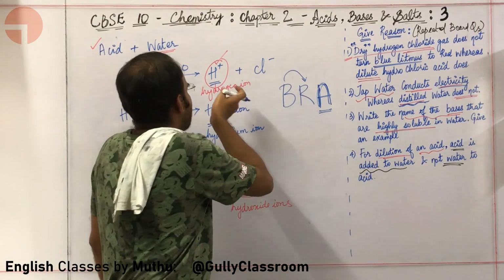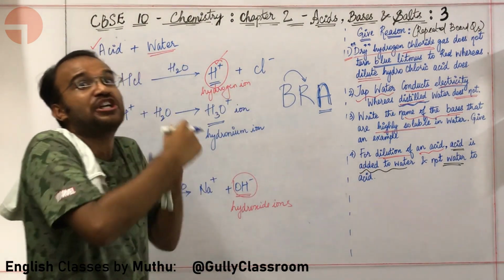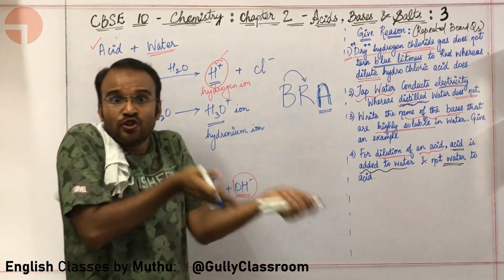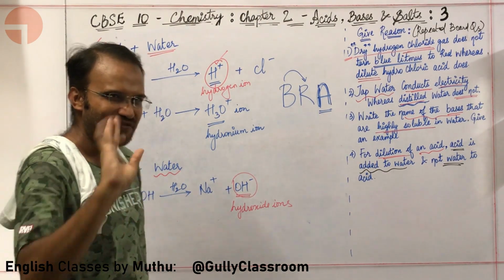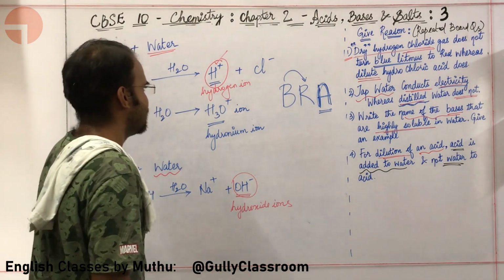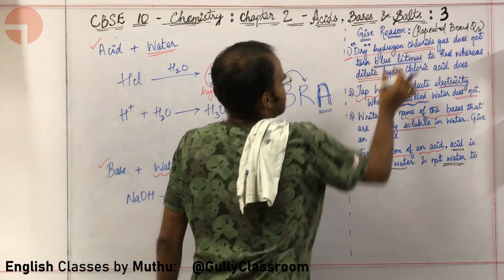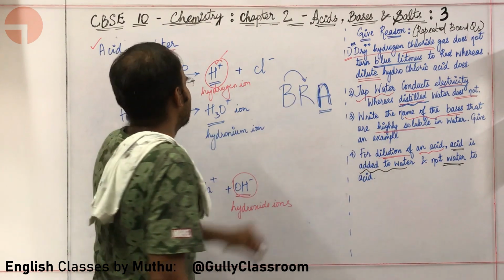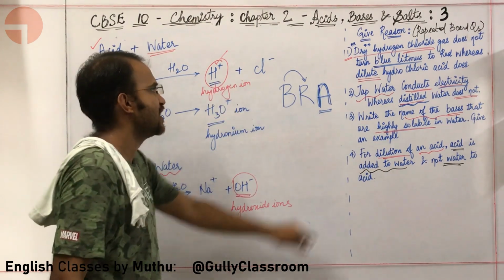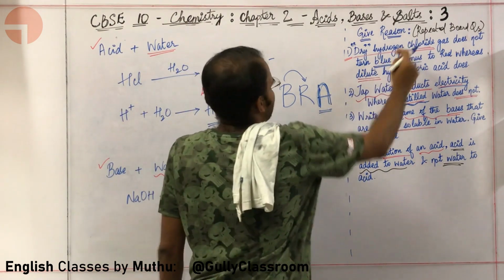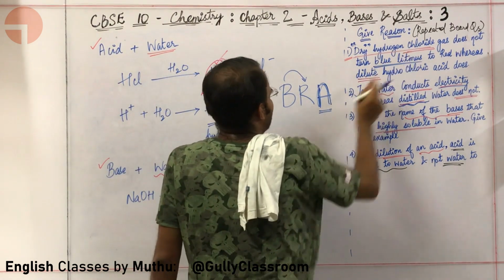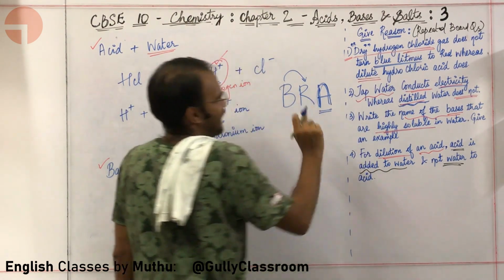If the acid is not dissolved in water, even though it is an acid, it will not behave as an acid. So, dry hydrogen chloride gas, because it does not form H+ ions, because it is not dissolved in water, will not behave as an acid and it will not convert blue litmus to red litmus.